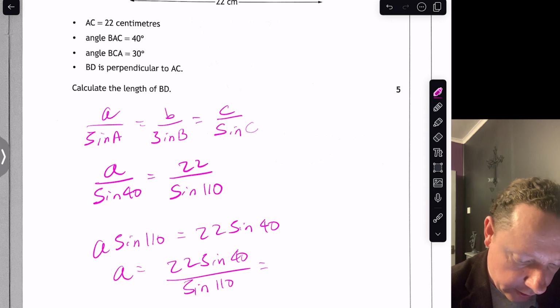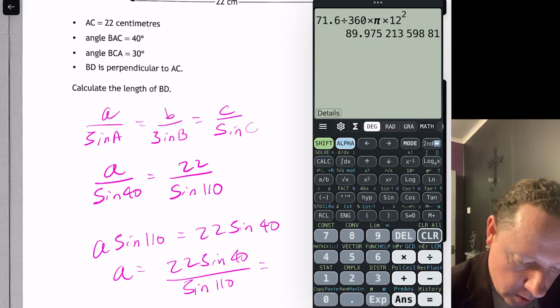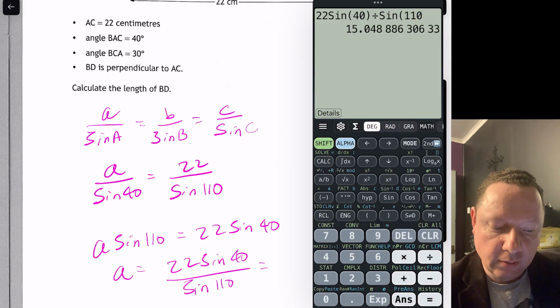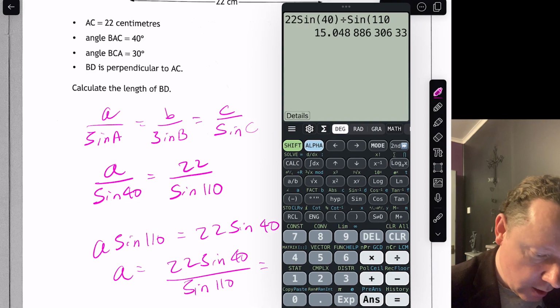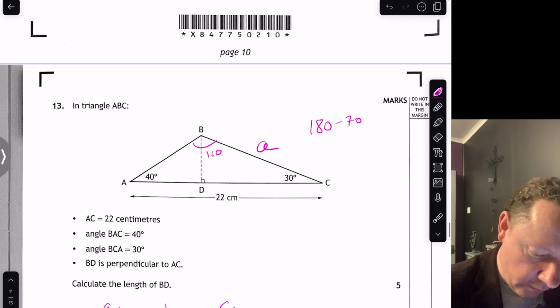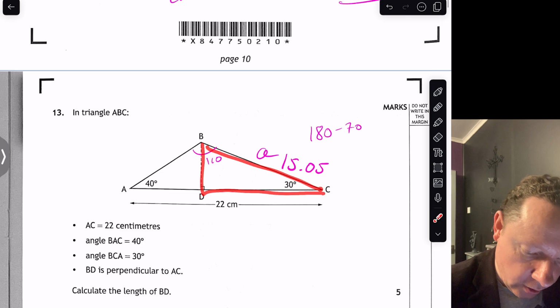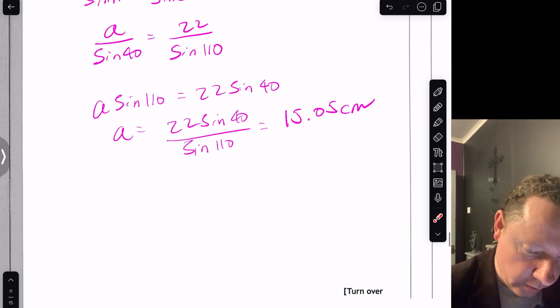So getting a calculator. 22 sine 40 divided by sine 110 is 15.048. So 15.05 would be reasonable in centimetres. So now we know that this is 15.05. You could either use the sine rule again in the right angle triangle or just SOHCAHTOA. Let me just draw that out.